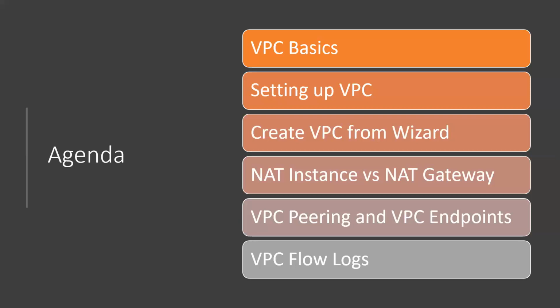Then NACLs, that is network ACLs, as well as security groups, how they work and how they are different. Then peering, how you can connect two VPCs together and access them. And at the end, VPC endpoint, which will complete the entire agenda workflow.